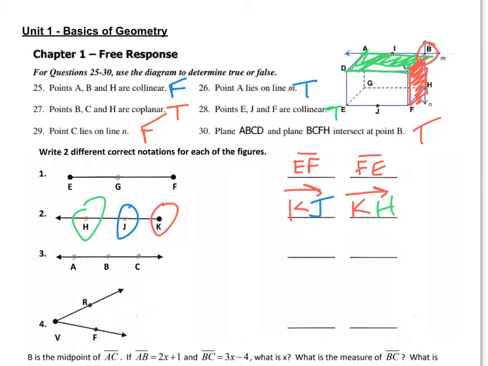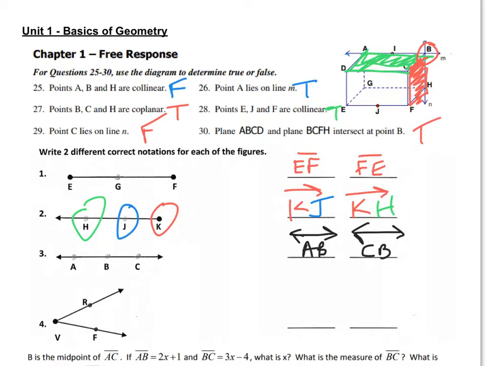The next thing I notice is that I have a line, so we can do a lot of different combinations of letters, and there's more than 2 correct answers for this one. So with a line, you want to make sure that your notation has the arrows. Okay, and I could say that this is line AB. I could say it's line CB. I could say AC.